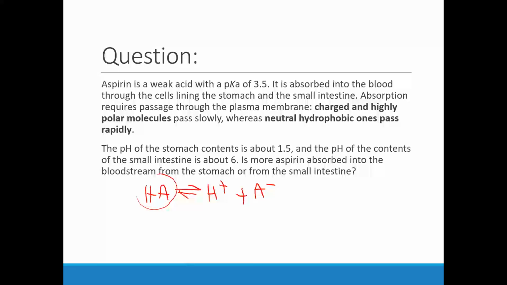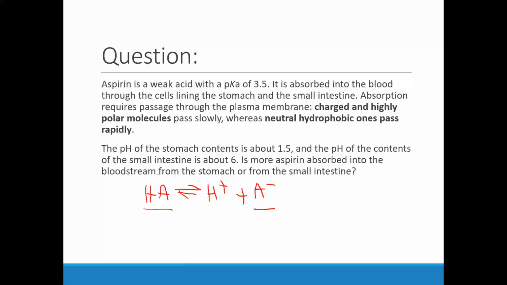So aspirin in its pill form is going in as this. Going in as a weak acid HA. And it will eventually dissociate into H plus and A minus. So which one of these forms, first of all, is going to be better at passing through the plasma membrane? The HA, the acid form, or the conjugate base form, the A minus? Just look at this general equation. You don't even need to see the structure of aspirin.